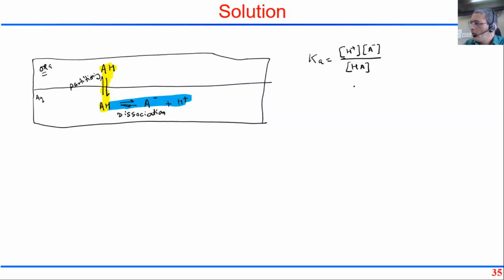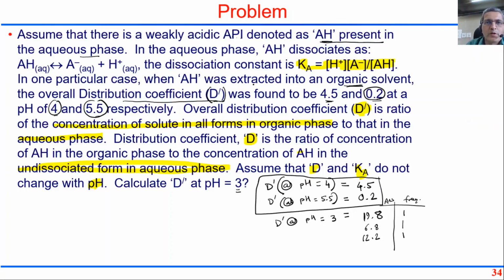Okay. Now we have D prime, the overall distribution coefficient. What is our overall distribution coefficient? D prime is the ratio of concentration of solute, in this particular case AH, in all forms in organic phase to that in the aqueous phase.